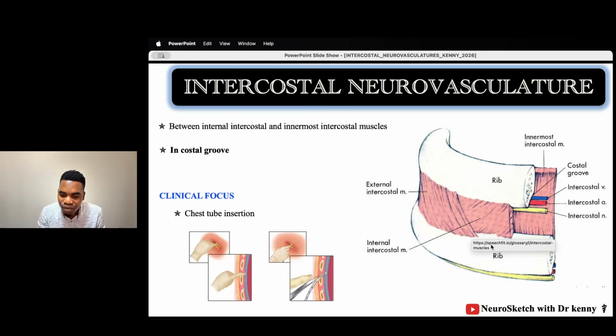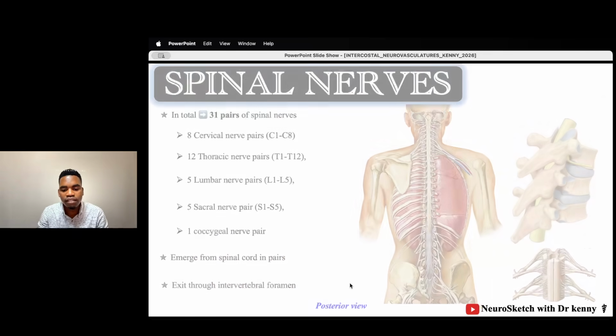These two ribs form the intercostal space, right? This is the rib above, this is the rib below. So you are advised to go above the rib below, and then insert your chest tube or your needle. Because if you go below the rib above, you are more likely to injure or puncture the neurovascular structures passing in the costal groove, and this will result in trouble.